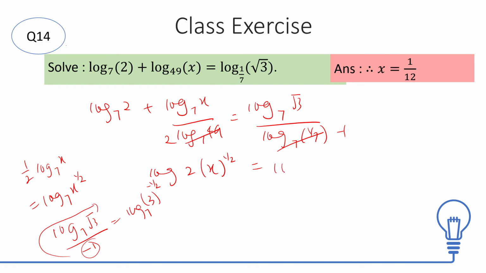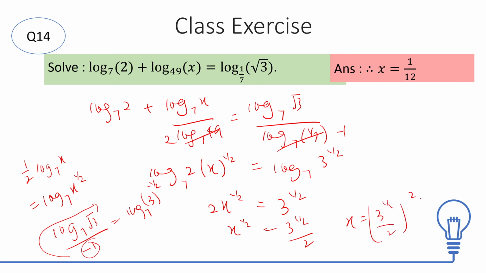So this is log 7 of 3 to the power 1 over 2. So now I can say x half is 3 half, and then x half is 3 half divided by 2, and my x is 3 half over 2 squared.